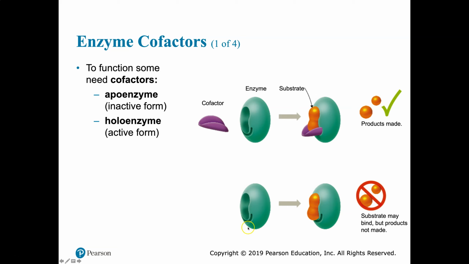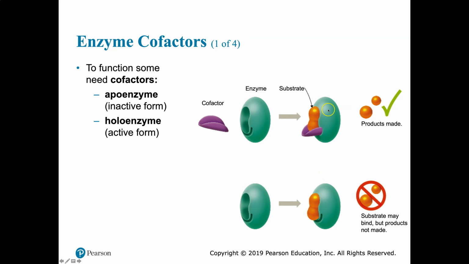If you're missing the cofactor, then the enzyme may not work on the substrate, and then you don't have products. So this bottom portion will be the apoenzyme, the inactive form. It's still inactive here, so it's still the apoenzyme plus the substrate.